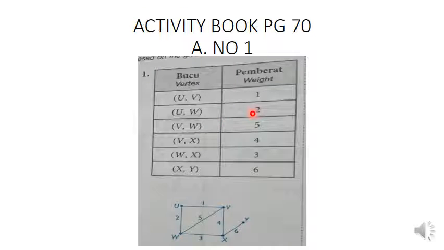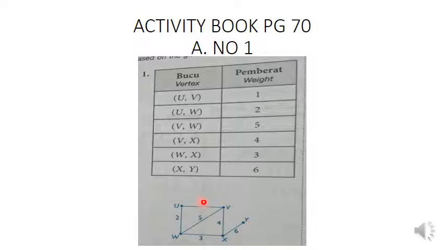UW, 2. So you already have vertex U, so you draw one more vertex, that is W, and then you join U to W. The weight is 2. From town U to town W, the distance is 2 kilometers. So you write 2.